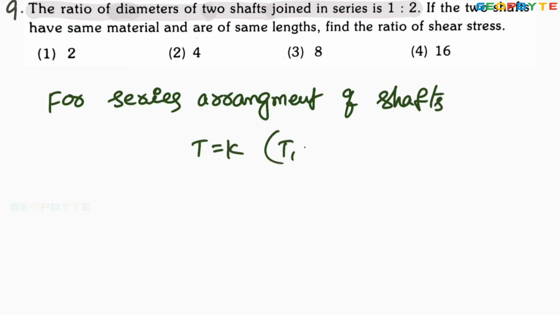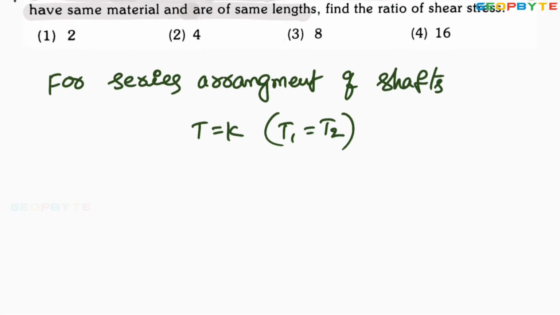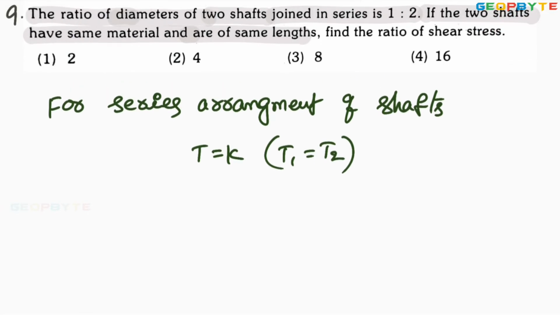It means T1 equal to T2. Okay, if the two shafts have the same material and are of the same length, if the two shafts are having same lengths and material also remaining same, find the ratio of stresses.